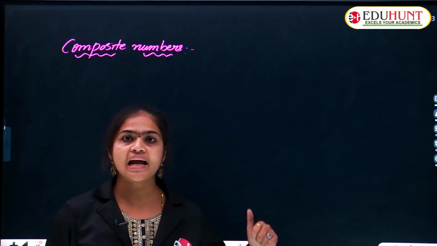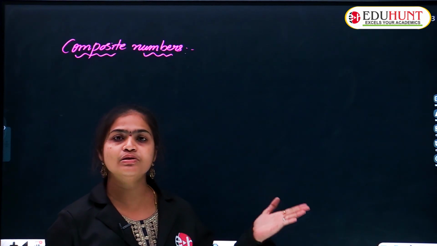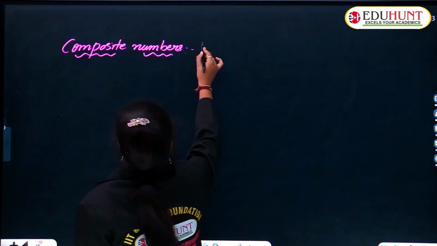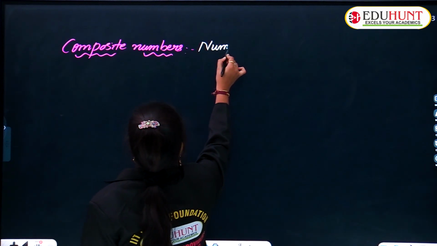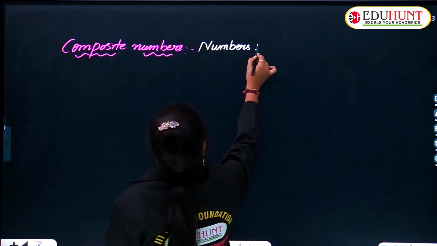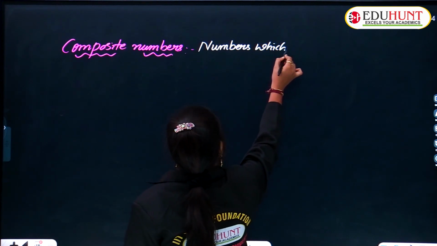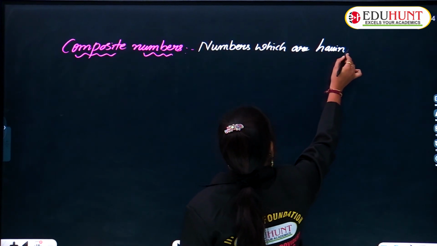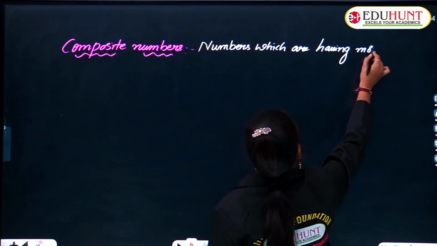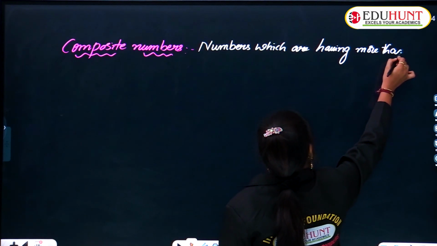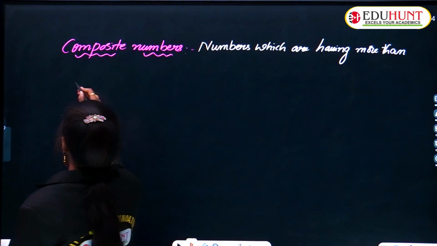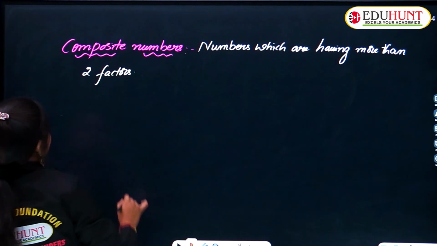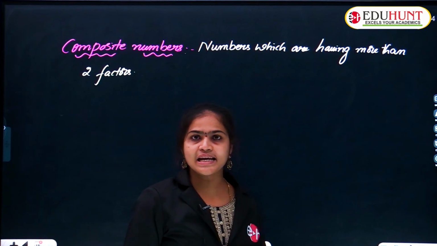The numbers which are having more than two factors, those numbers are known as composite numbers.